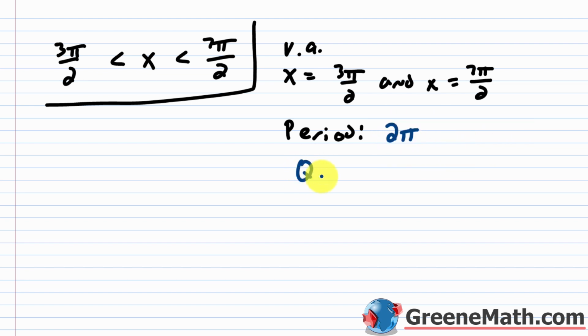And then the quarter period, again, you just divide this by 4 or multiply it by a fourth. We know that 2 pi over 4 would be pi over 2. That's your quarter period. So if you want to get your x values, you're going to start with this 3 pi over 2, and then you're going to add quarter periods. Let me come down here. So let me start with 3 pi over 2, and I'm going to add pi over 2.